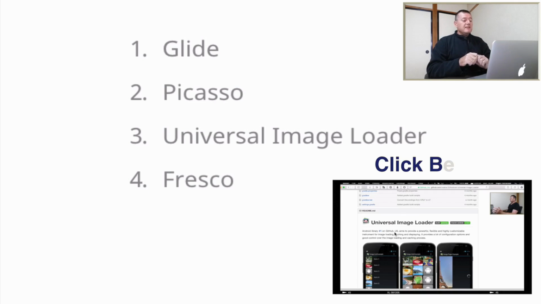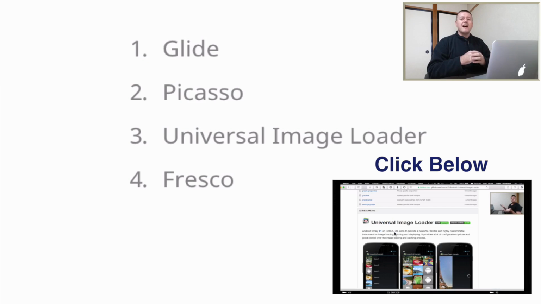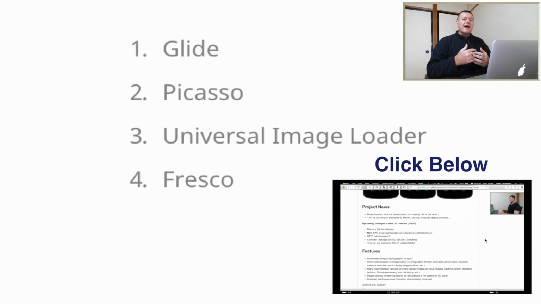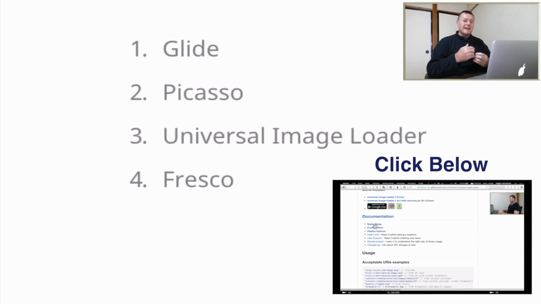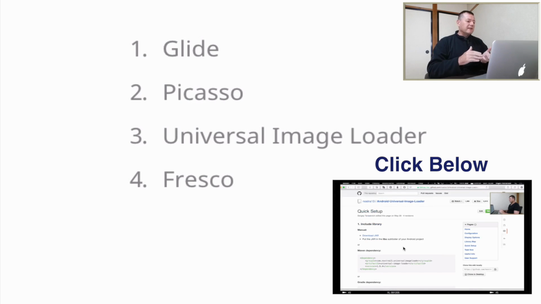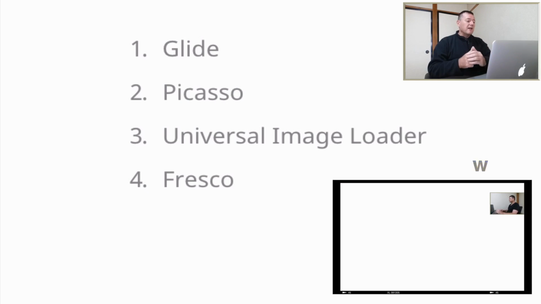Now with the Universal Image Loader, I did have to create what we call an application derived class, and inside there I had to add a number of lines of code just to do the setup and initialization. So it's significantly more work than Picasso and Glide, purely because you have to create a new derived class and do the initialization inside there, as well as doing the API call when you want to do the loading.